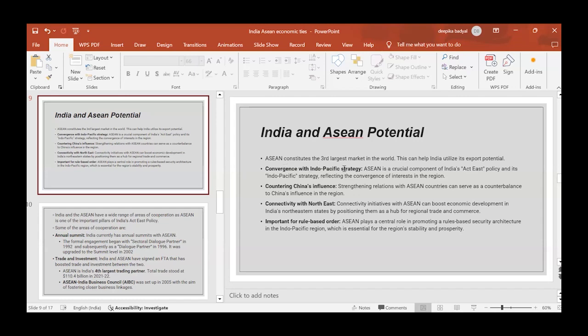ASEAN constitutes the third largest market in the world, and this is one of the reasons which can help India utilize its export potential. Obviously, there is convergence with the Indo-Pacific strategy we talked about, reflecting the convergence of interests in the region. Also, countering China's influence is very important, both for ASEAN countries as well as the countries outside of ASEAN. That is why we have seen a large number of groupings come into being, be it ASEAN, be it Quad.